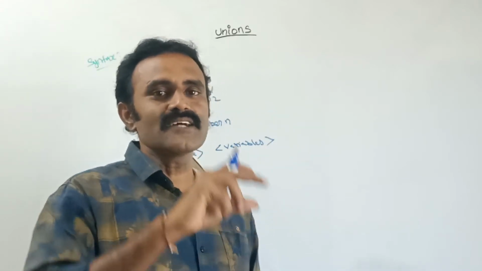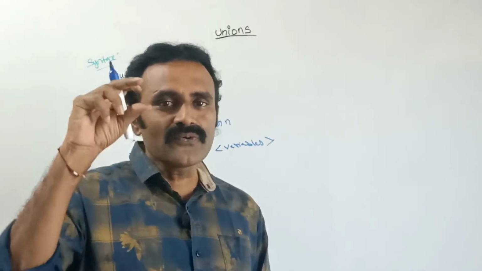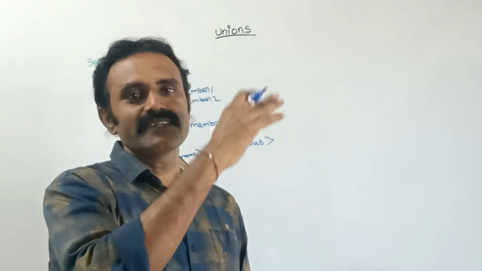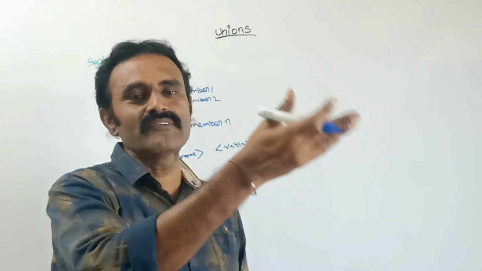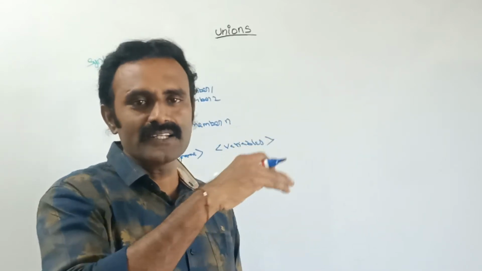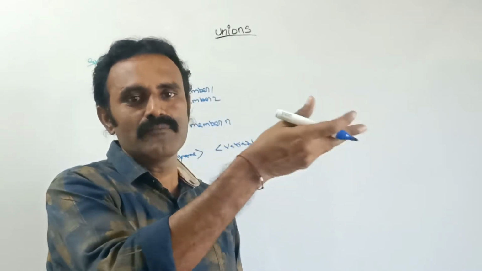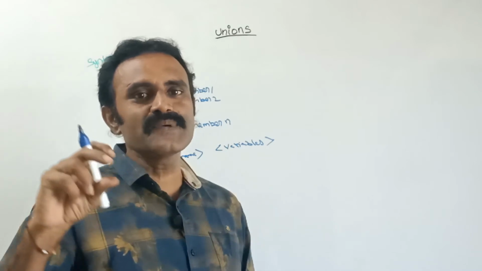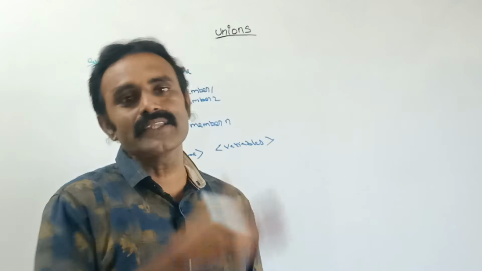So the system will allocate 4 bytes of memory, and that 4 bytes of memory is used for all the members. A can use the same 4 bytes, B also will use the same 4 bytes, and C, the character data type, will also use the same memory space. So in union the memory space is common, that is the same space is used for all the members.